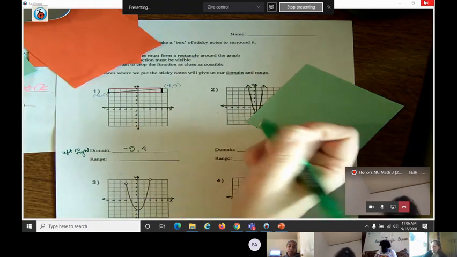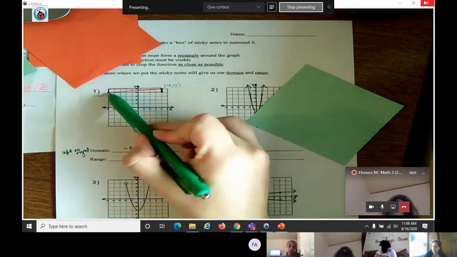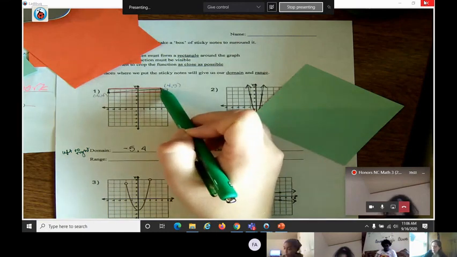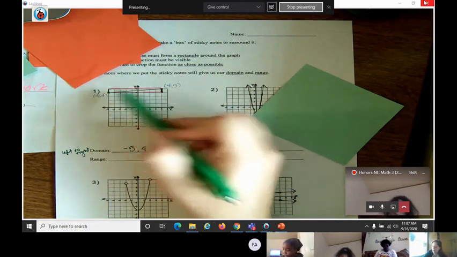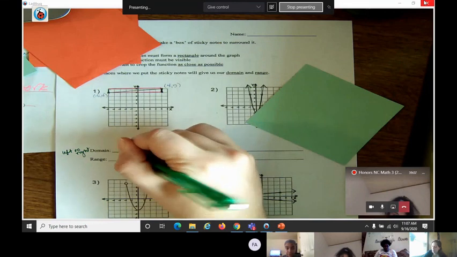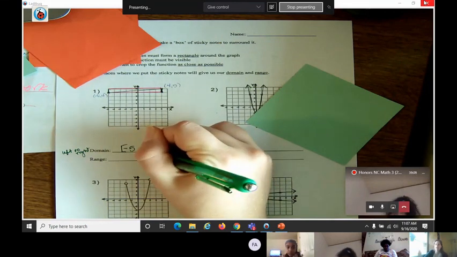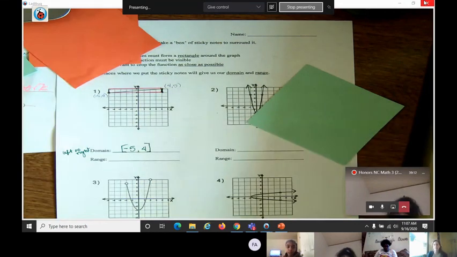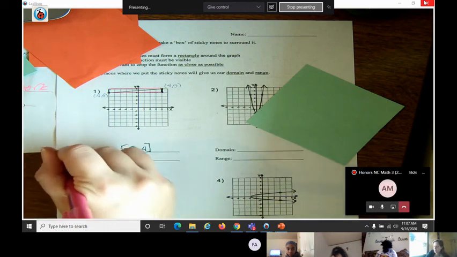Now, because on my graph I have a solid dot here and a solid dot there, that means that when I move left to right, I am including both of these values. The solid dot means that they're included on the graph. So my domain for this particular function should be -5 to 4. Now for range, we go low to high.